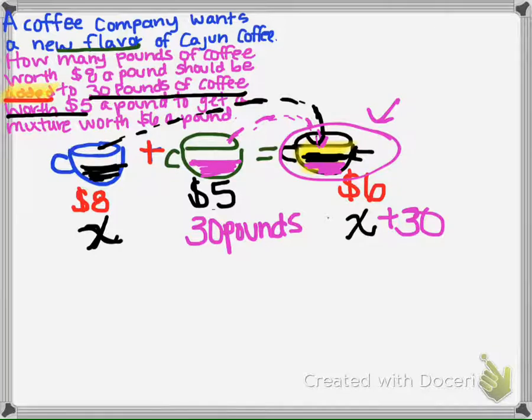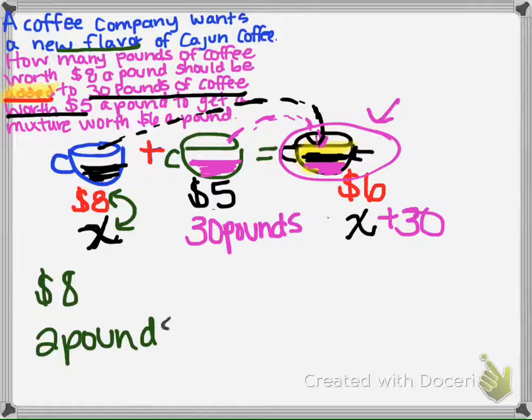Okay, so now we are ready to start here. The relationship between the $8 and the X, we need to think about: the X is how many pounds. So let's say that the coffee costs $8 and we buy 2 pounds. And I want to know, how much do the 2 pounds cost? Wouldn't we do $8 times 2 to get $16?